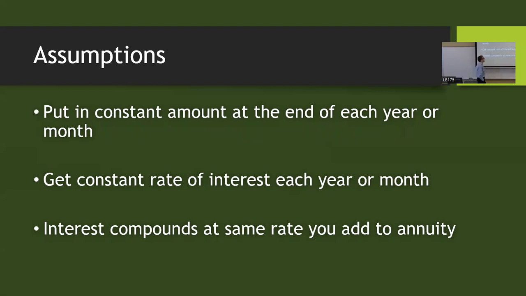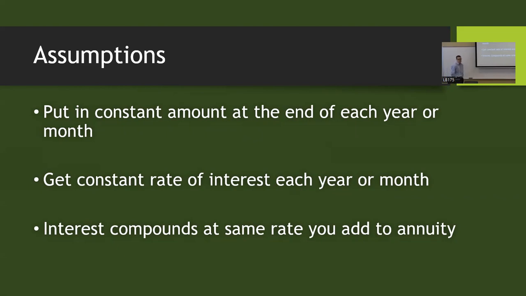The other assumption, just like we did in our previous work, is that we get the same interest rate from month to month and year to year. If you put it in the stock market, you know that some years are going to be higher rates than others. Some years might even be negative. So we're going to put in a constant amount at the end of each year.